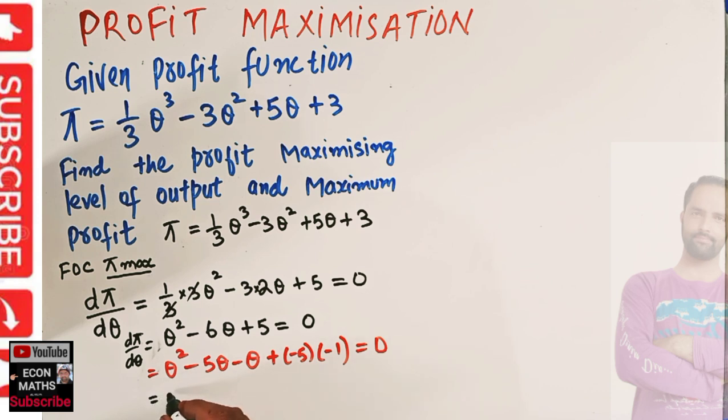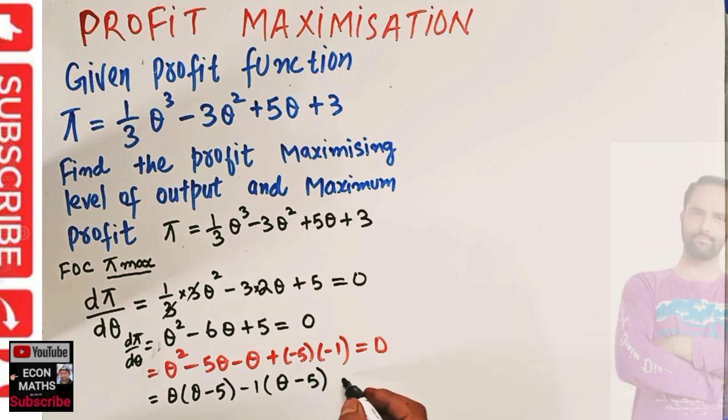If I take q common from the first two terms, I will be left with q minus 5, and from the last two terms, if I take -1 common, I will be left with q minus 5 again, and we set it equal to 0.